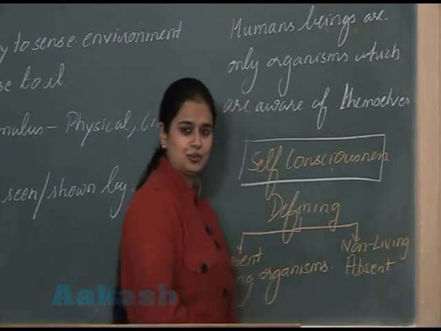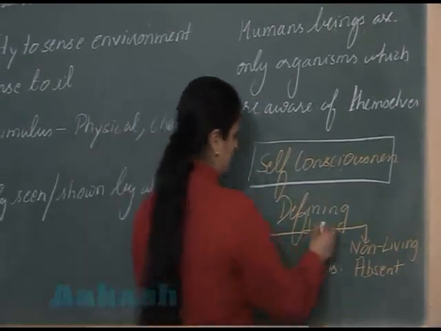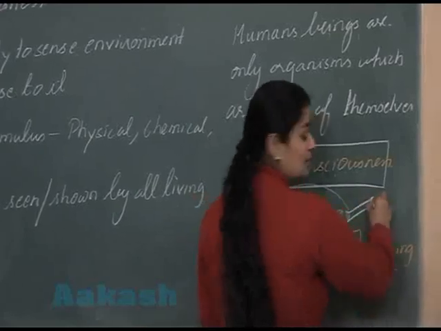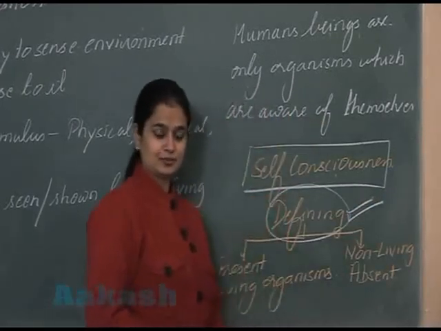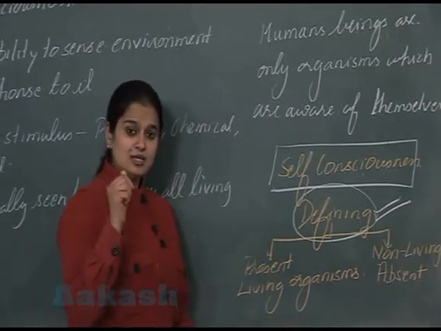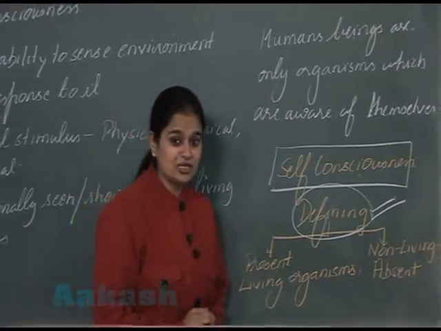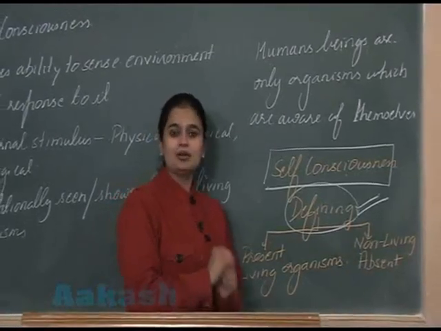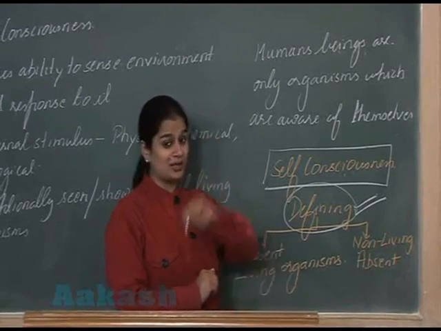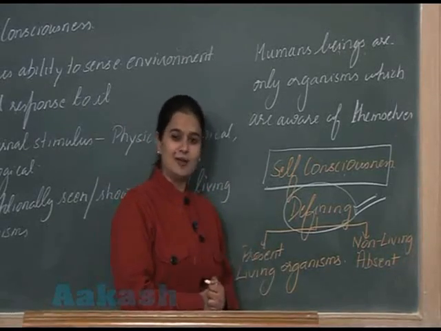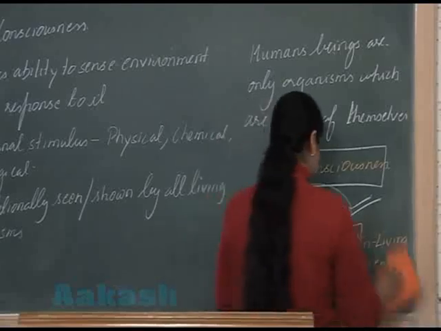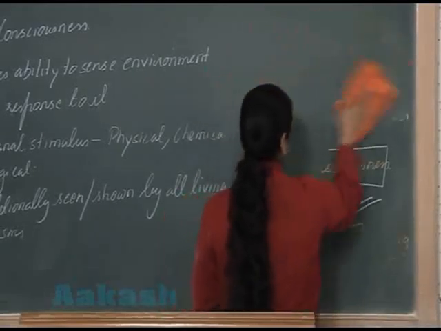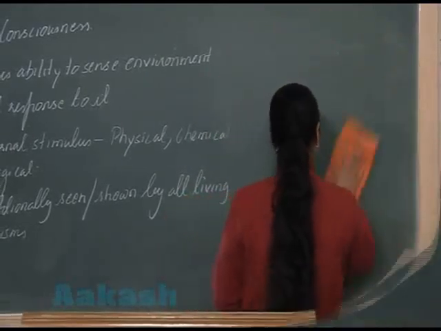So fulfilling both the criteria, it is going to be known as a defining feature. Got this? So till now we have studied how many features? 5 features. So let's quickly review all these features with respect to their presence and absence in non-living objects. So let's see the status of these 5 features.